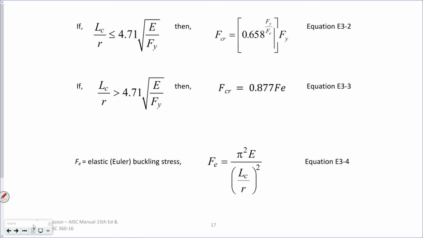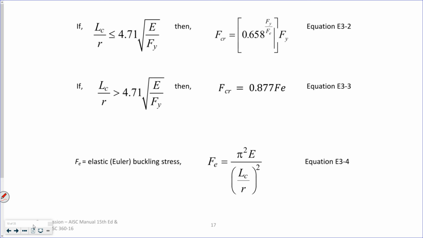It's all going to stay within the elastic range. If it has a low slenderness ratio, it will have yielding within the cross section prior to buckling, which is a result, as we talked about, of residual stresses. And it is inelastic, so therefore it's inelastic buckling.